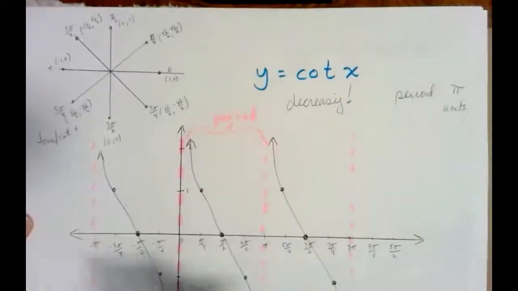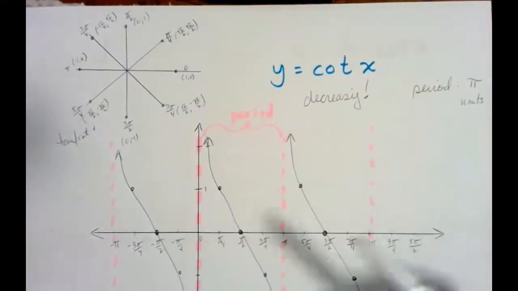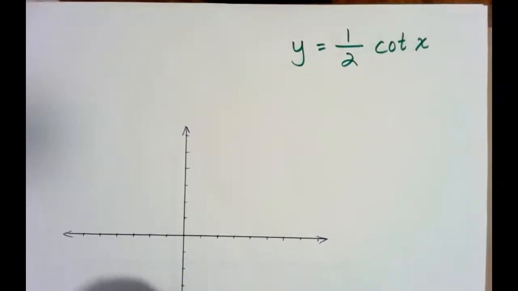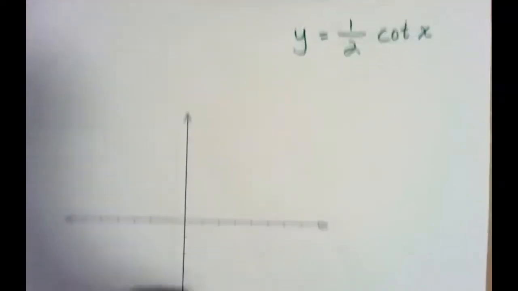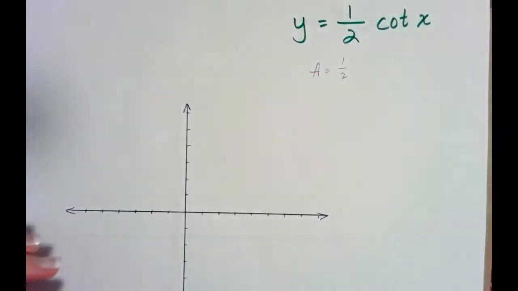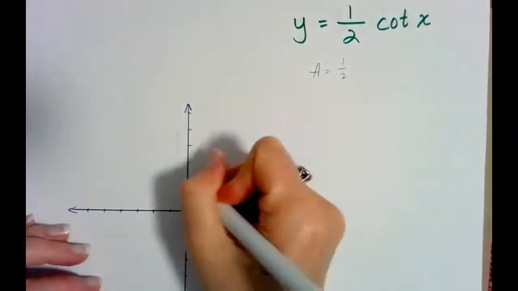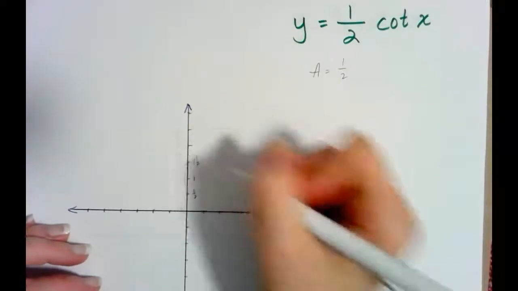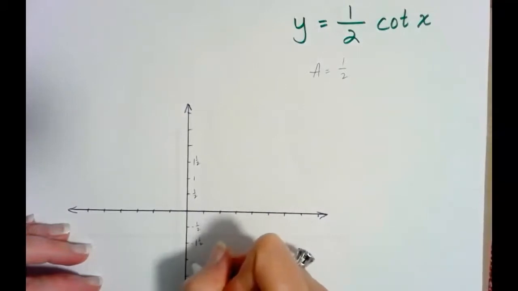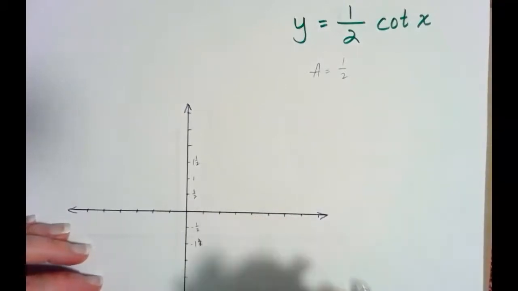So basically, all it's going to do to these values is squish them. Remember, our A gives us a vertical stretch, or in this case, a vertical compression. So this time we have an A value of 1/2. So 1/2, 1, 1 and 1/2, that is going to be plenty to get the job done right there. That's 1.